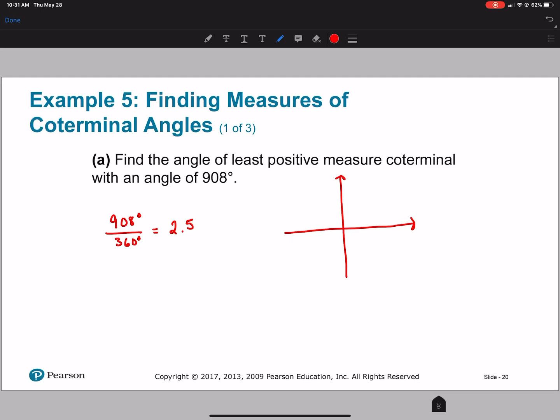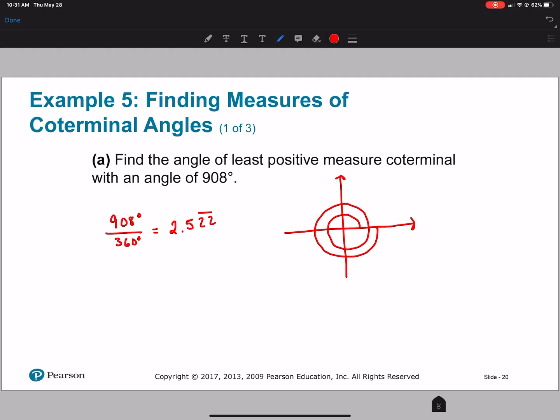Yeah, 2.52 repeating. All right. That's what that gives me. Now, I know that I have 2 complete rotations. So I know that what? I go around to 360. I know I go around again to 720.